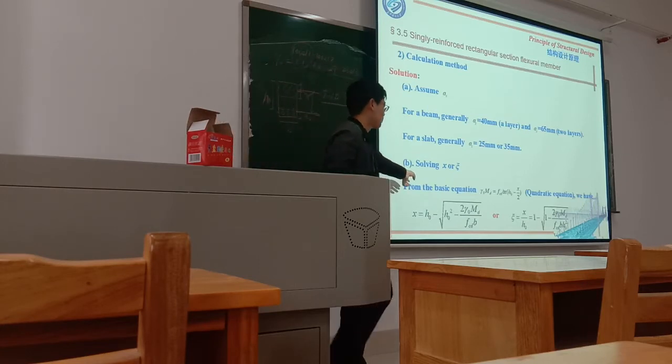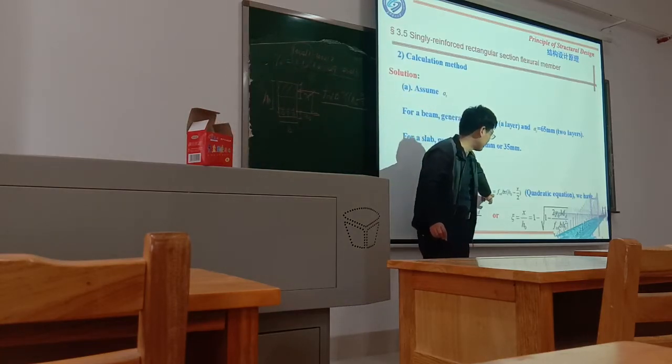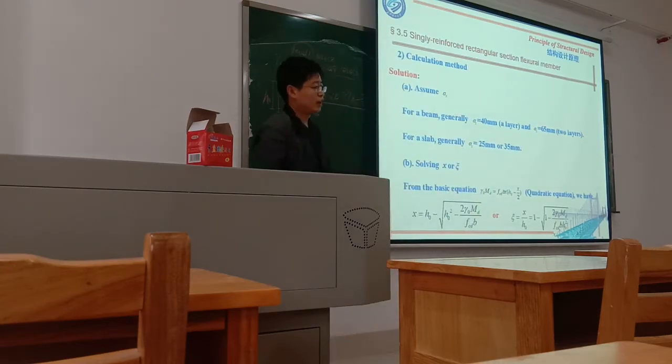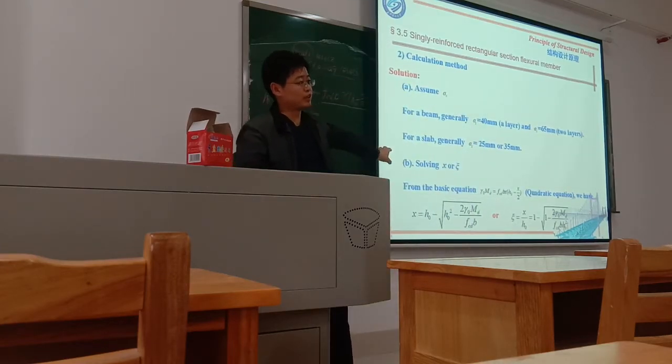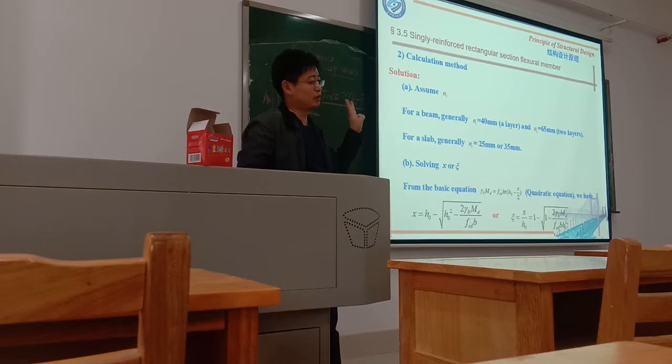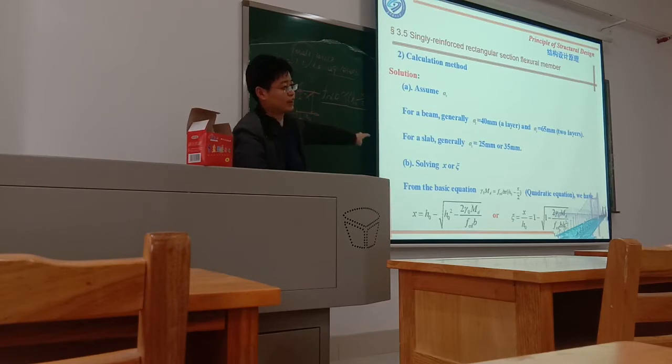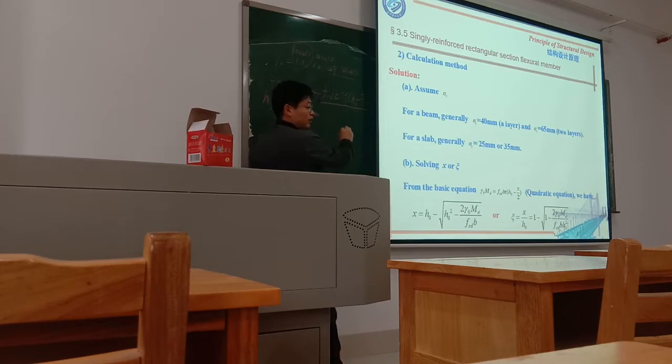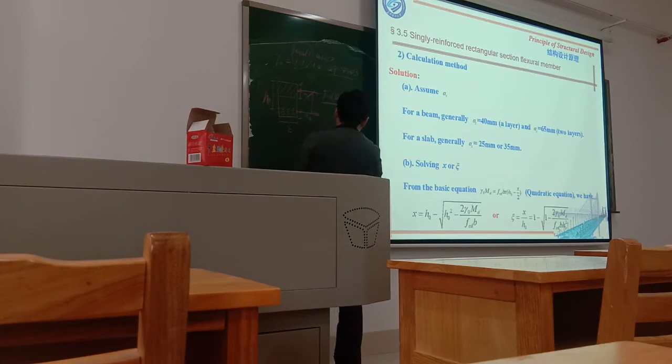So this formula is one of the basic formulations we use for calculation. We have another two basic formulations. Do you still remember? We have three basic formulations for designing this section. The first one: FCD times B times X equals FSD times AS.